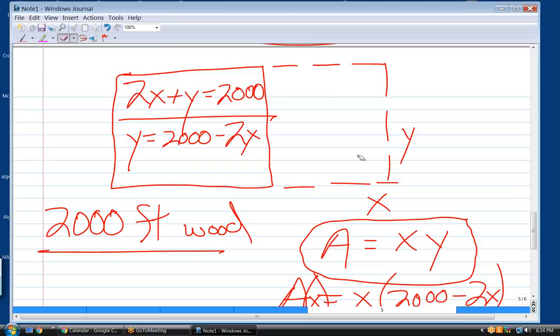And you have to have it as a function of one variable only, otherwise you can't differentiate it. Well, I mean, you could. You've learned implicit differentiation, so when you have two variables you can do it. But for solving optimization problems, you've got to get your main function being a function of one variable only.